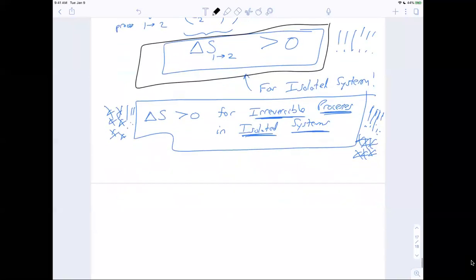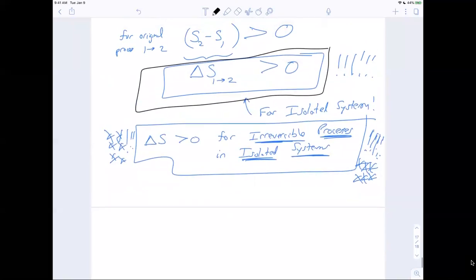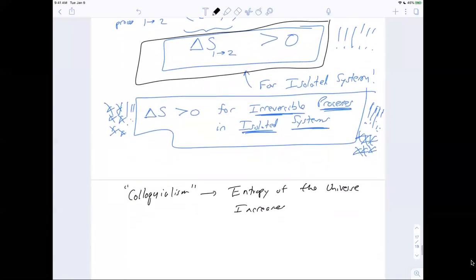And this is what allows people to say that the entropy of the universe increases. This is more like what I call a colloquialism, which is sort of like a cultural slang. It's not quite exact, but that's why I put it in quotes.